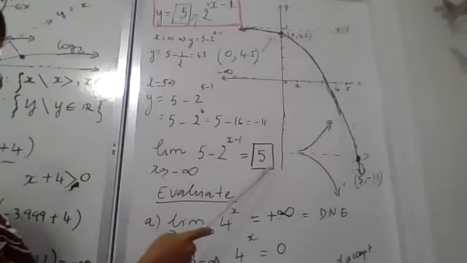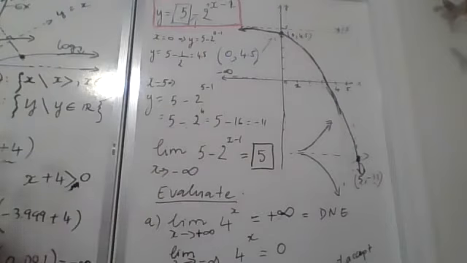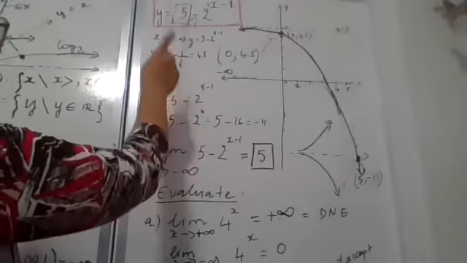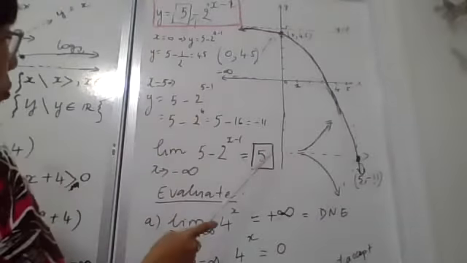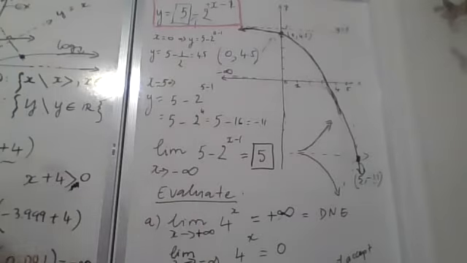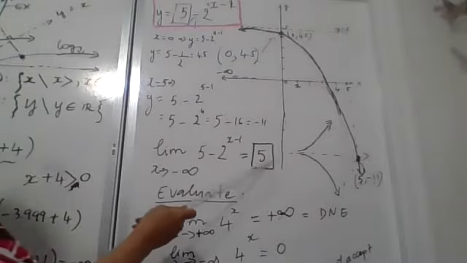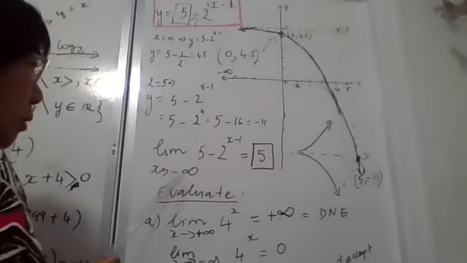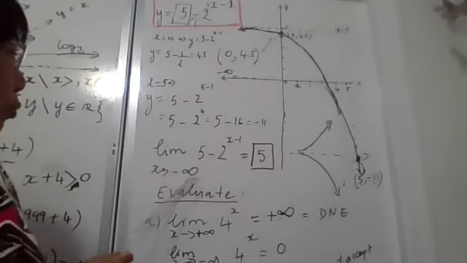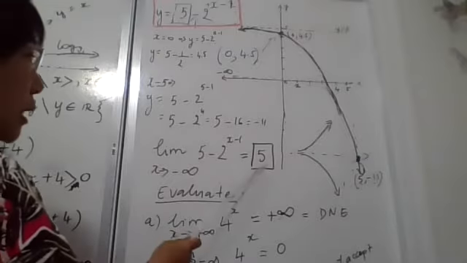So the limit equals 5. Now, if x approaches positive infinity or something else, our answer might be different. But if the question is x approaching negative infinity, then our answer is 5.